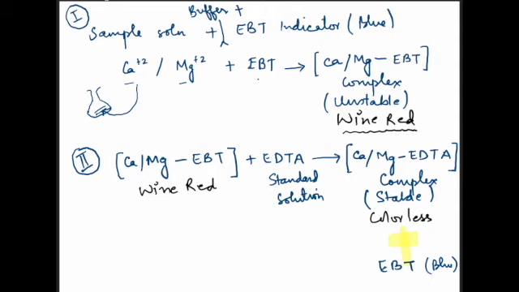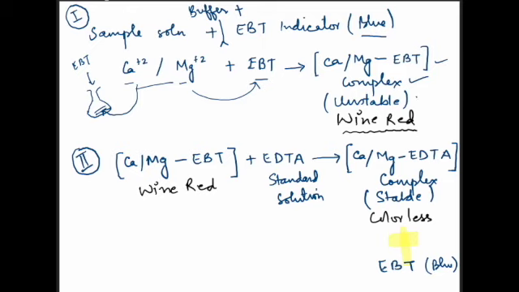So then I add indicator, that is EBT, Eriochrome Black T, which is originally blue in color. The moment I add EBT to this particular solution after adding the buffer, what happens? All the metal ions come and get attracted towards EBT, forming a complex with EBT, which is actually metal EBT complex. This complex is unstable in nature. Why?